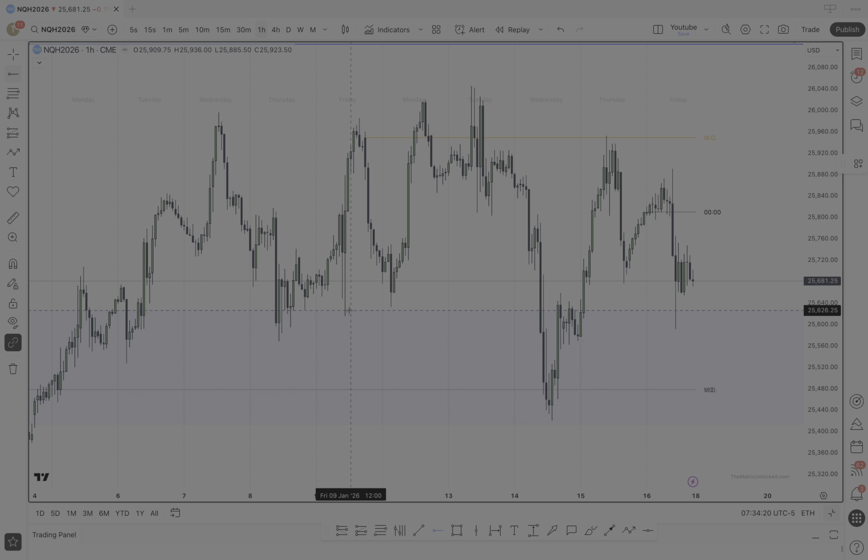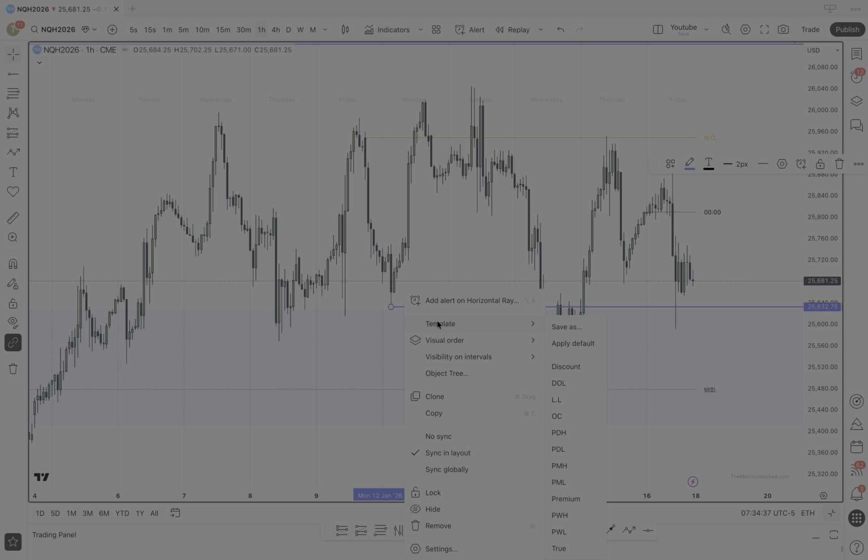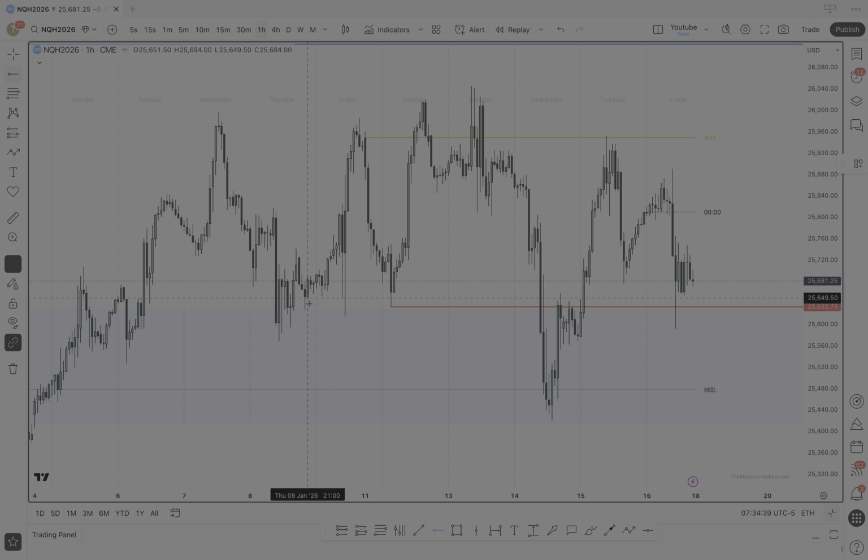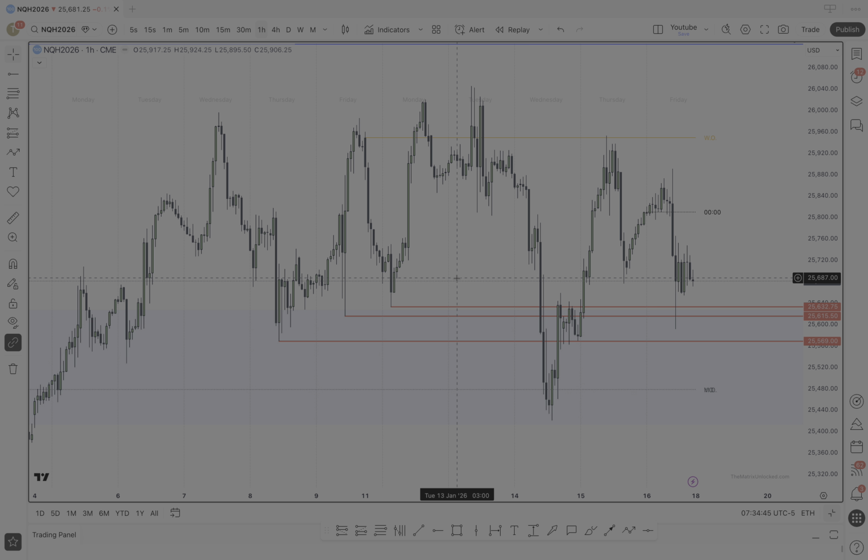You can blend time cycles with point of interest. When I'm looking for a swing setup or for the low of the week to form, I can say I have these equal lows right there. We have this trendline liquidity, because retail would look at this as trendline liquidity.